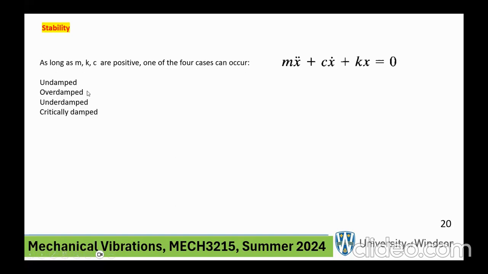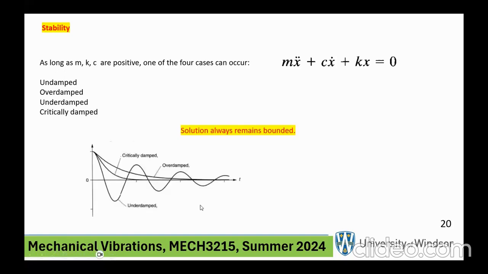The solution dies down without oscillating. If it's equal to 1, it's critically damped. Again, it dies down without oscillating. But if it's less than 1, we get an underdamped situation where the amplitude decays exponentially and the solution looks like that. But the point is that the solution always stays bounded, right?